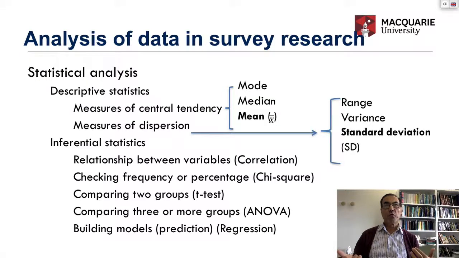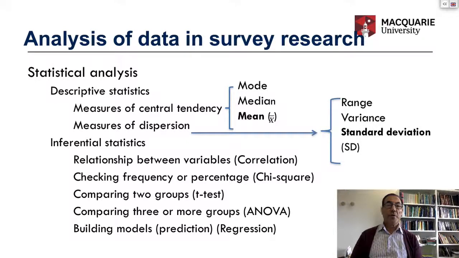If you remember, for example, we talked about demographic variables and perceptual variables as well as behavior variables. So it's possible to run correlation between these different types of variables.